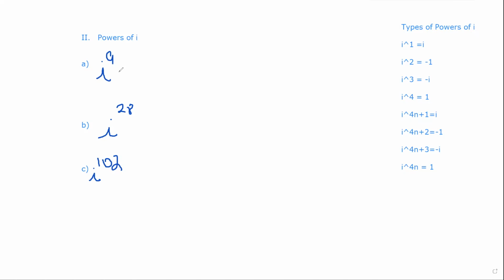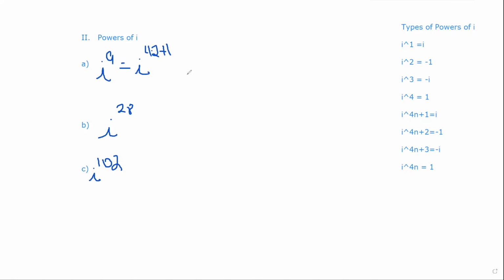So when we identify these powers of i, let's look at our first model. How can we break down i to the 9th? Since we know that i to the 9th can be broken down as 4 times 2 plus 1, we now know the n is 2, that will give us i to the 9th.